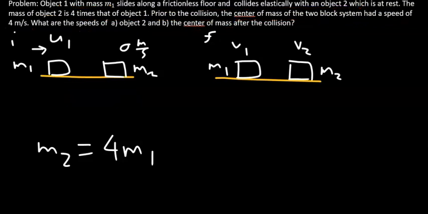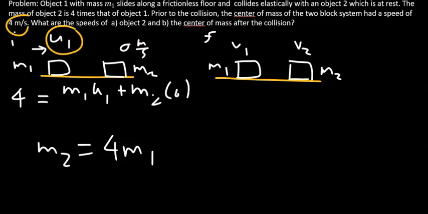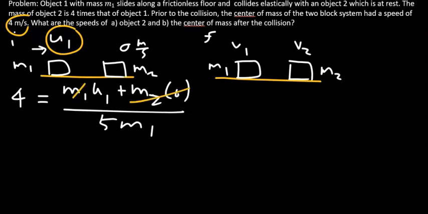What are the speeds of object 2 after the collision and also the speed of the center of mass after the collision? Let's first figure out u1. Now we know the center of mass of the system is moving at 4 meters per second prior to collision. That is given by mass m1 times u1 plus mass m2 times 0, divided by m1 plus m2, which in this case is 5m1. m1 cancels, so you see that u1 is 20 meters per second.